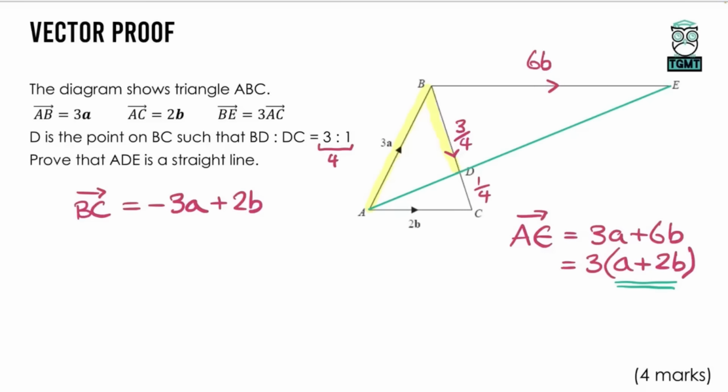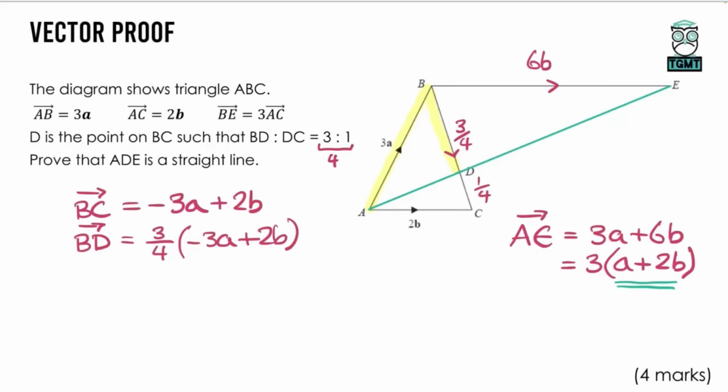So to get from B to D, which is 3/4 of the way down the line, if we had decided to go C to B, the other direction, I'd only be going 1/4 of the way up the line. So it does matter which direction we're going in. So B to D is 3/4 of this: minus 3a plus 2b.